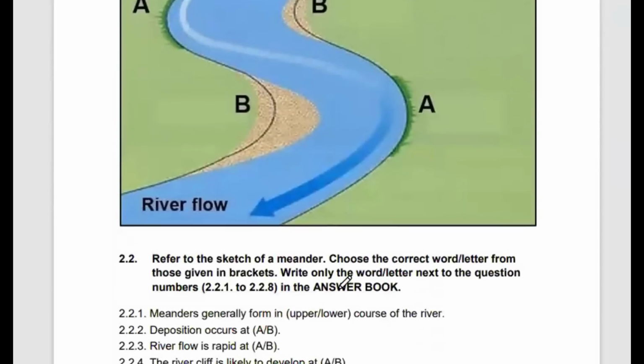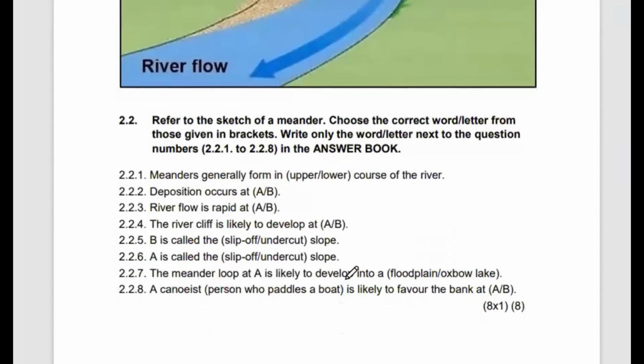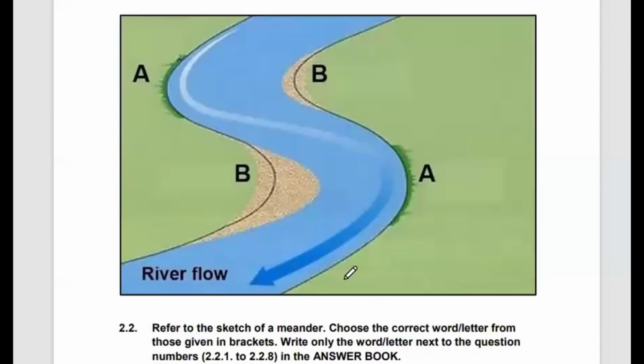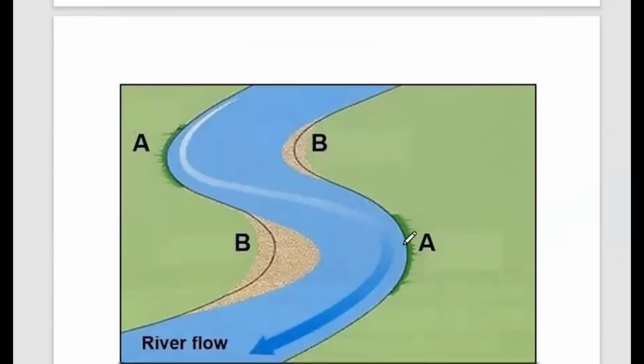We move on to question 2.2. It refers to a meander along the river. I'll try to explain briefly on the meander here. Basically a meander is a bend along the river channel. Because of the presence of a bend on the river channel, it affects the flow speed of the water in the channel.